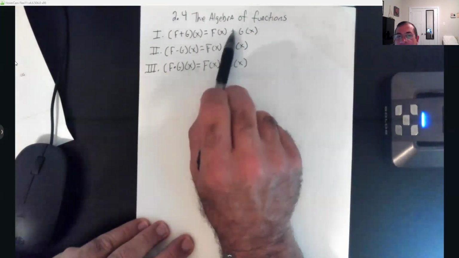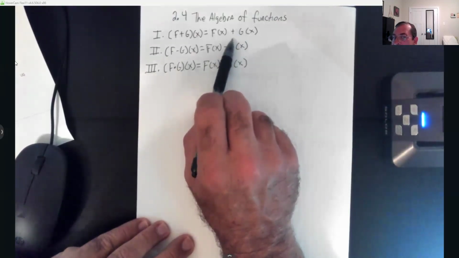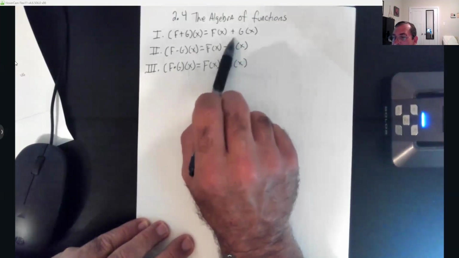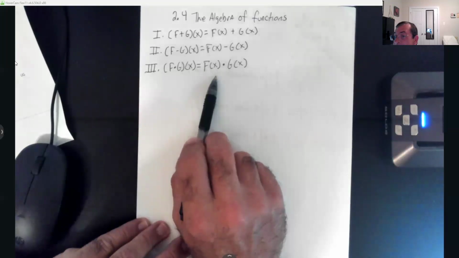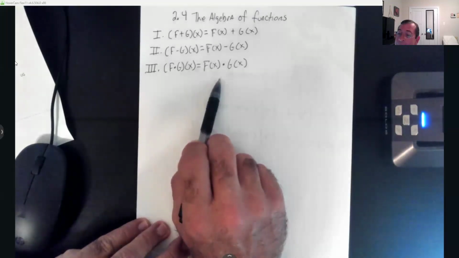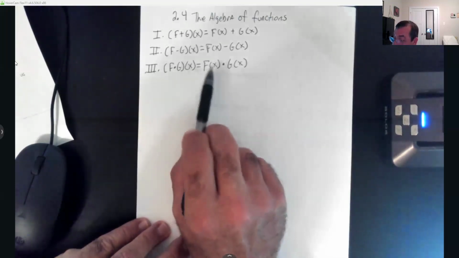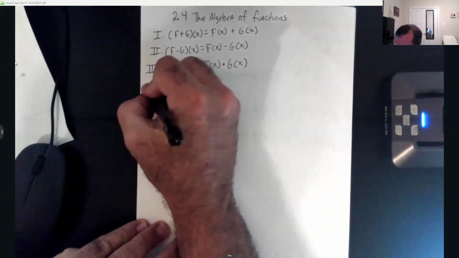When we do the adding and subtracting, all we can do to those is add like terms. When you add like terms, you cannot change the variables, okay? When you're multiplying, if you got an x times an x, you can change those variables and make that an x squared, right? X times x is x squared and so on. So when you're multiplying is the time you can change exponents, or when you're dividing.